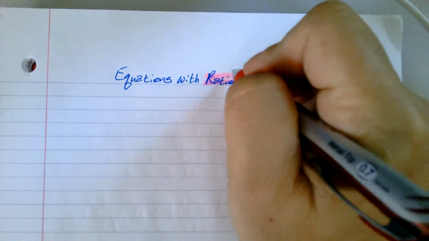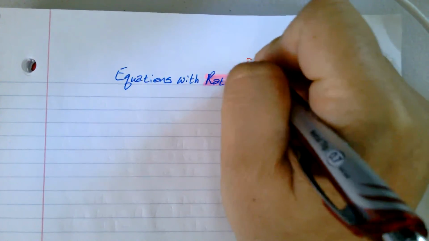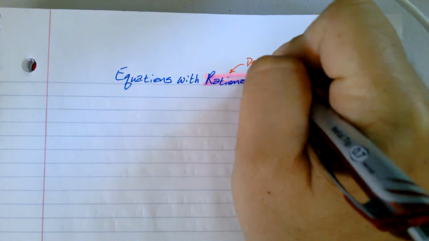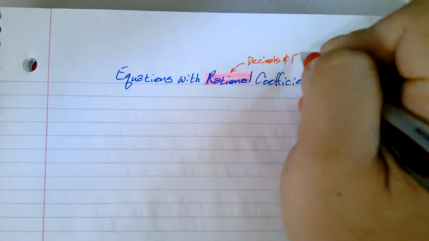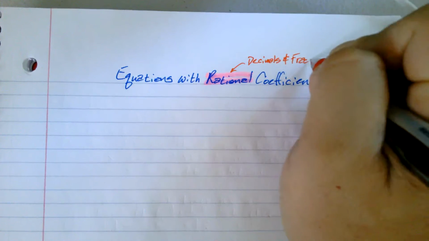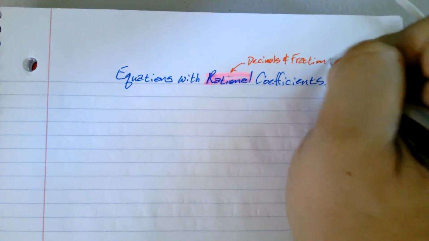So what we're going to deal with are when our coefficients are decimals and fractions. Because that's going to be a part of life. It's going to be part of solving these equations. Decimals and fractions, for sure.